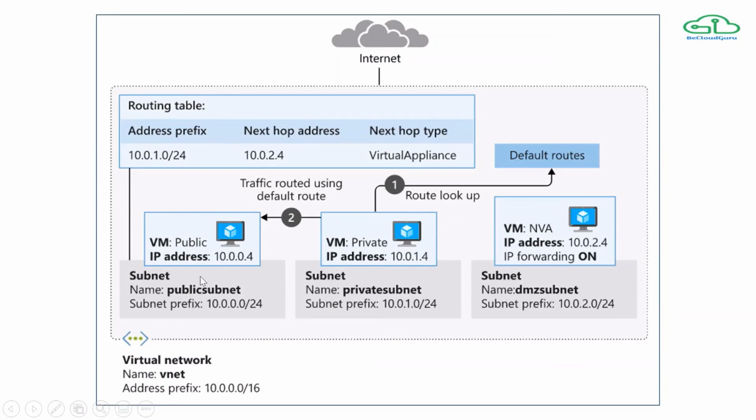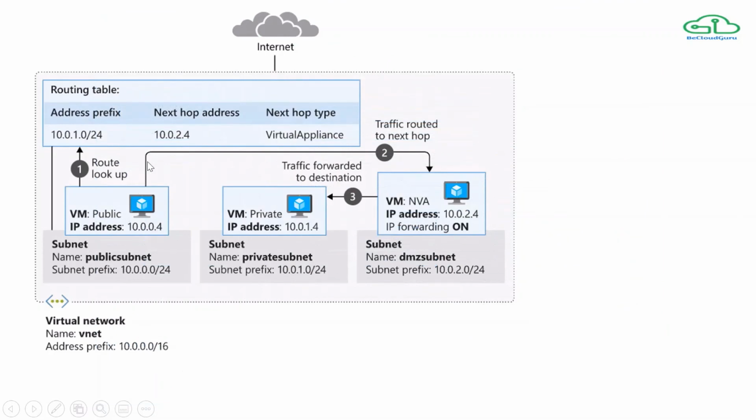Once that routing table was added, the traffic which was supposed to go directly from this virtual machine to this VM was routed to this NVA first, and from the NVA it was forwarded to the private VM. So that's how your route table can modify the route or path of your network traffic.